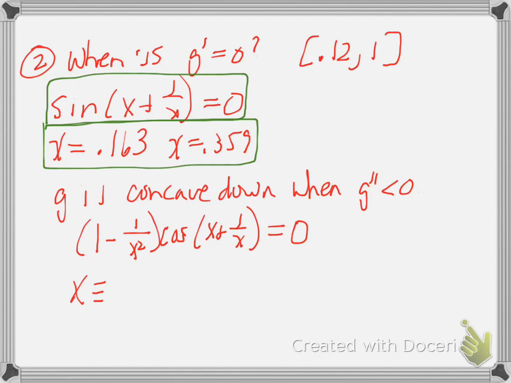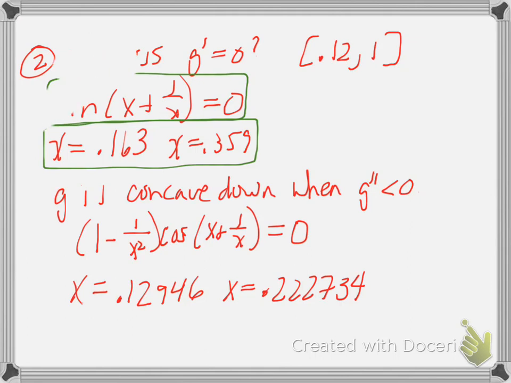You're going to find that x is 0.12946, and x is 0.222734. To know if it's concave down, we're going to make a wiggle graph.